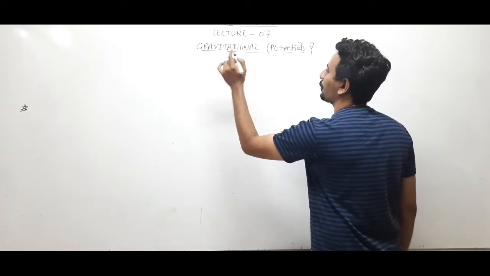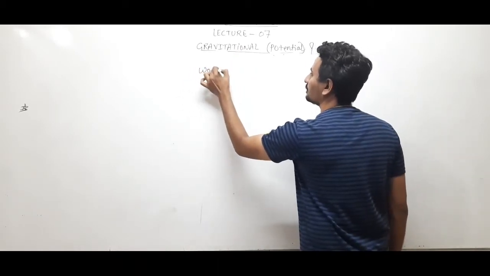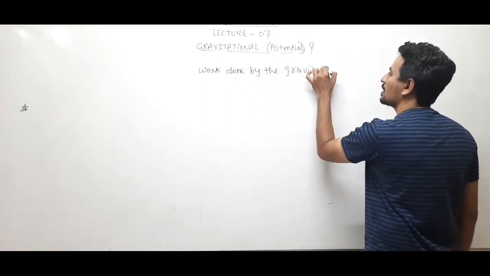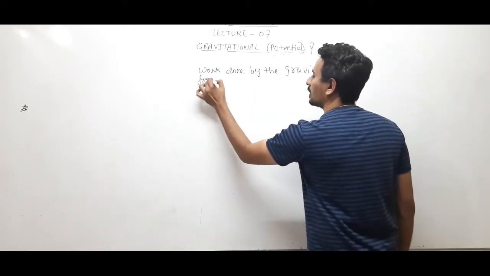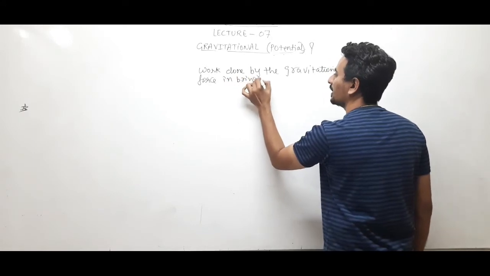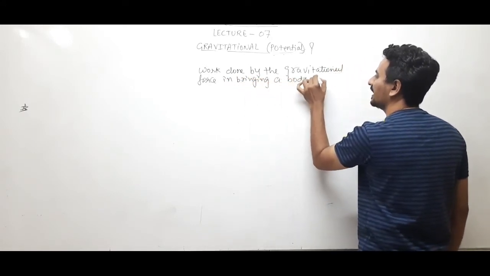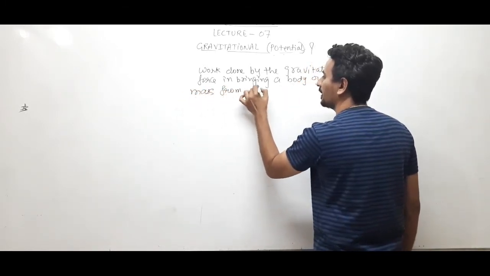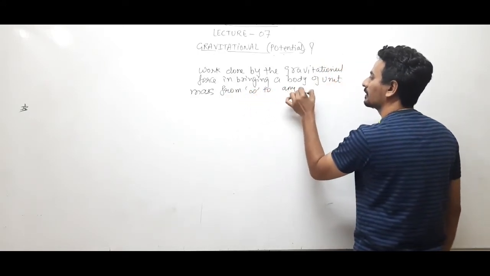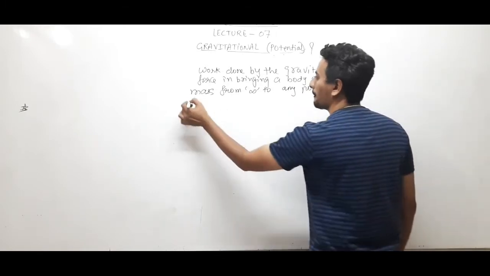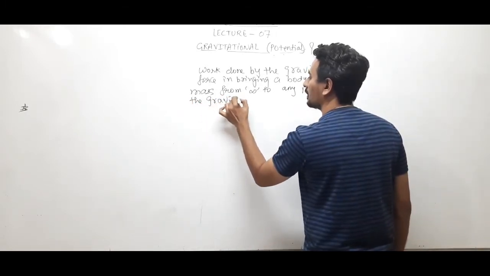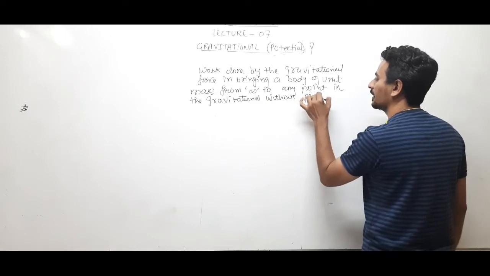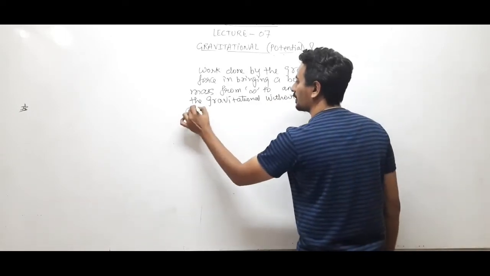Gravitational potential at any point is defined as the work done by the gravitational force in bringing a body of unit mass from infinity to any point in the gravitational field without producing acceleration.